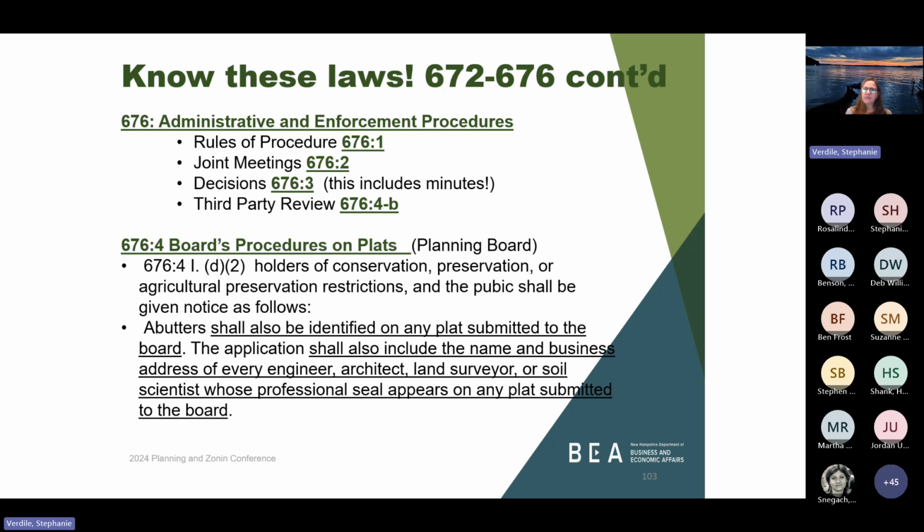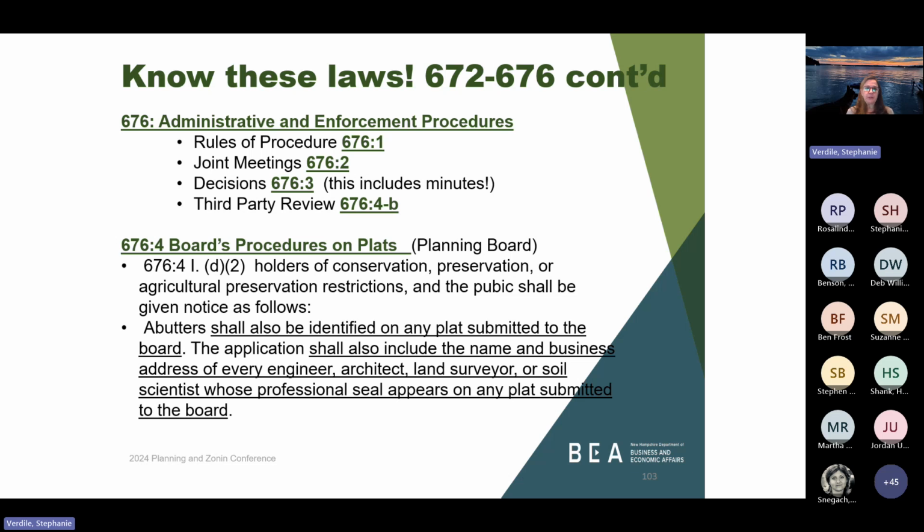It is worth it sometimes to the applicant and the municipality to hold joint hearings. They're not necessary, but it can be helpful to the applicant and to the community to have joint hearings of the planning board and zoning board. That could be, for example, if an applicant needs a special exception and then does a site plan, you can have a joint hearing.